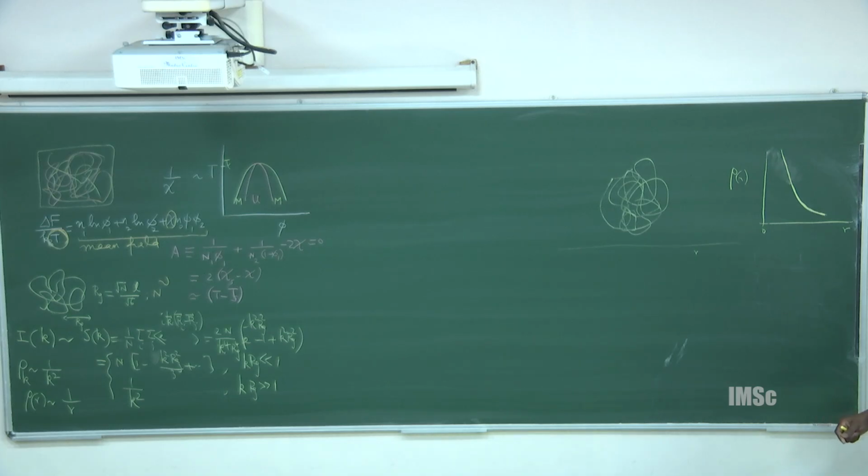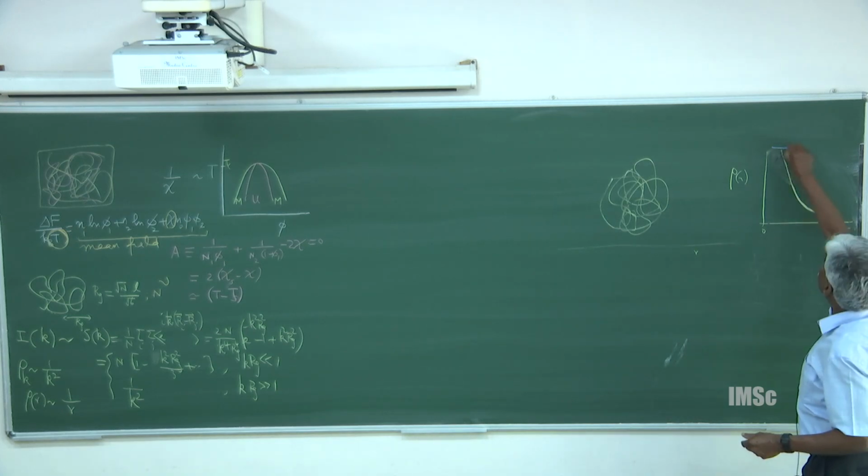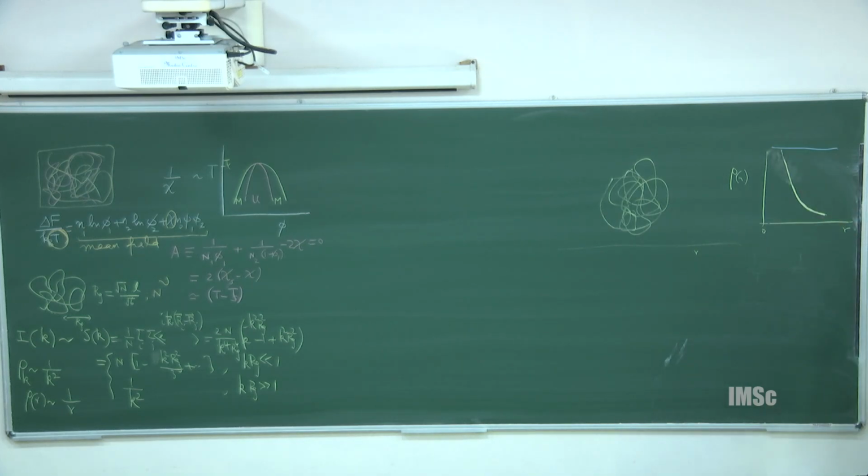Compare this with a globule. If you had a globule, a folded protein, then the density profile would look like this, flat, like a ball of steel. Up to the radius it will be flat and nothing outside.